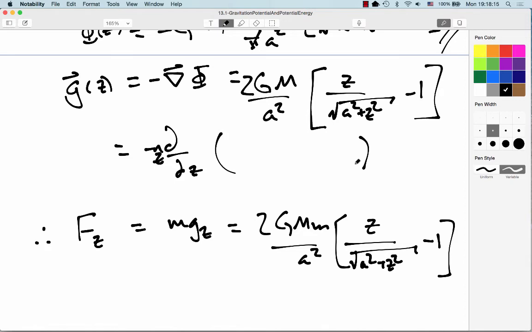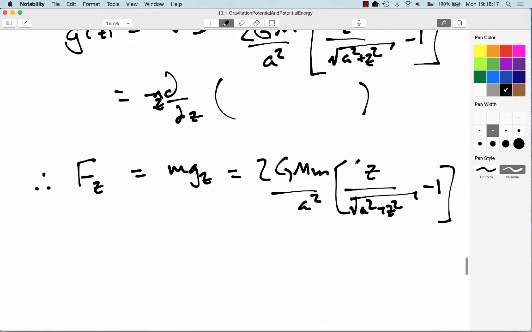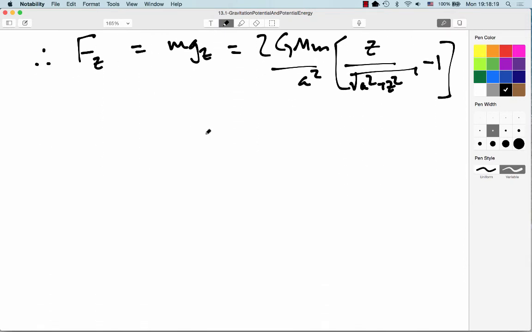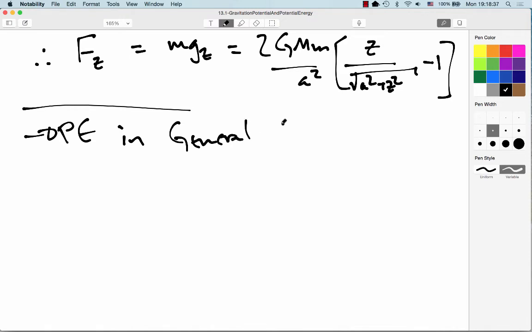Okay, so with that as set up, let's now go and look at the more general case of the potential energy in a general central field. So the only requirement I'm putting on this is that the field is central.